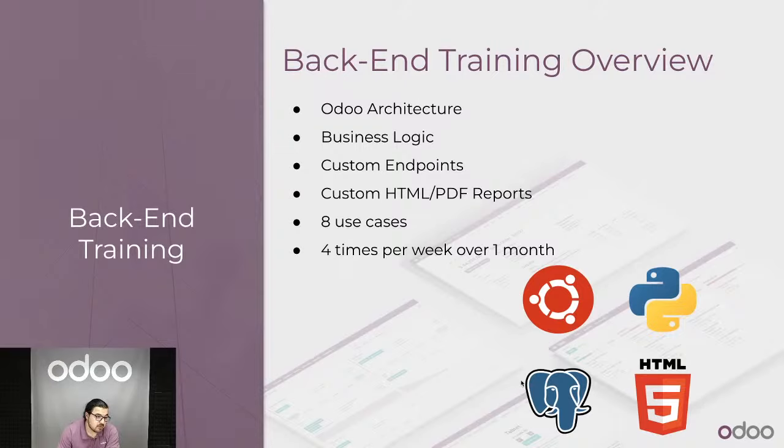PostgreSQL. Odoo uses Postgre for handling database tables. So knowing how PostgreSQL works and the basics of SQL itself would have a huge benefit. And this one is not a must, but everyone who knows HTML will have an advantage, especially when it comes to report creation.